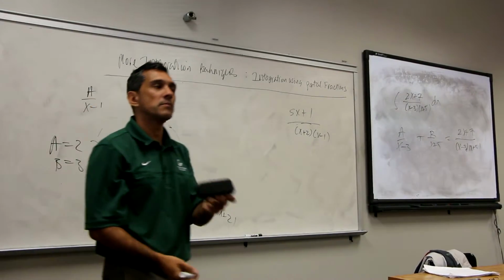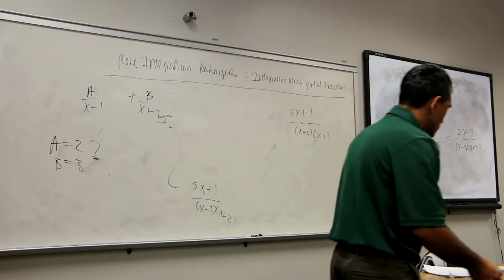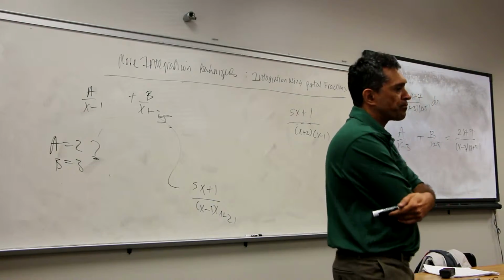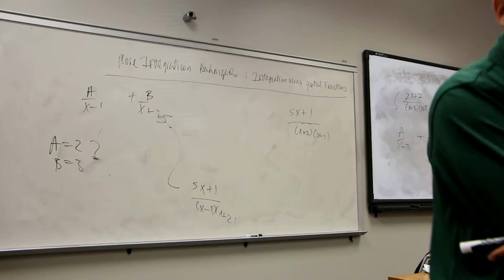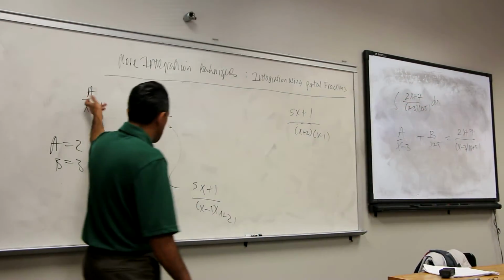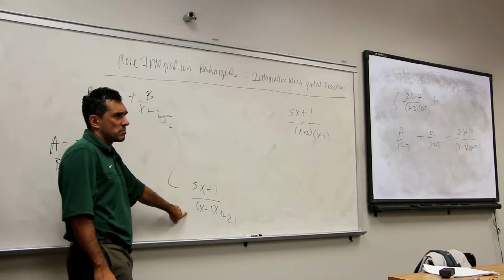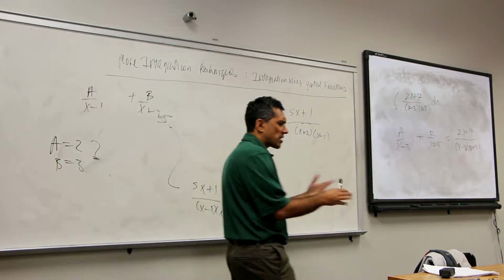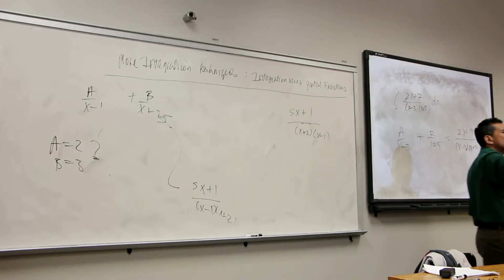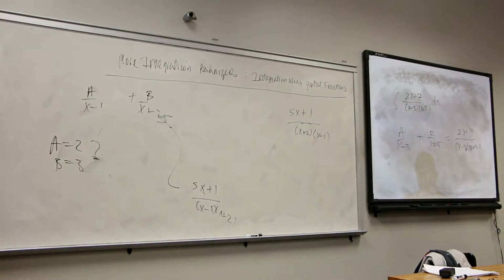Now, how do I know that? Now you can go check. If you put other numbers here, they won't be the same. So partial fractions is a way to find these numbers so that you can integrate it.